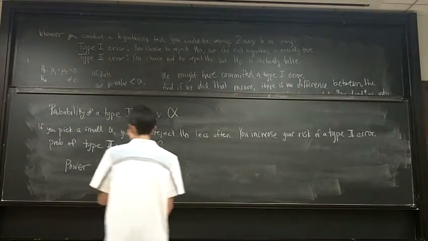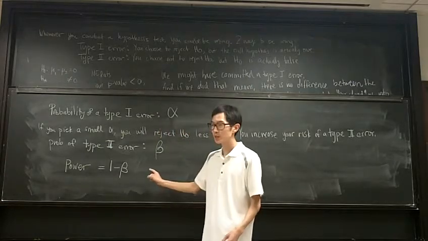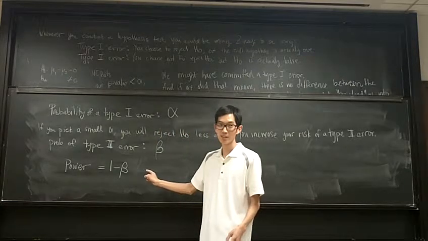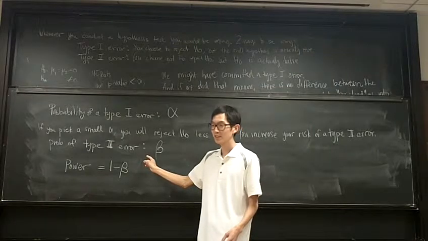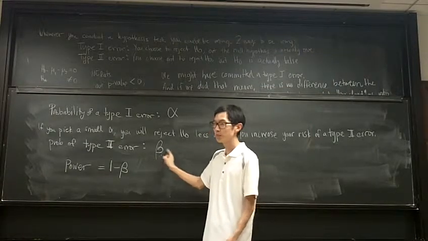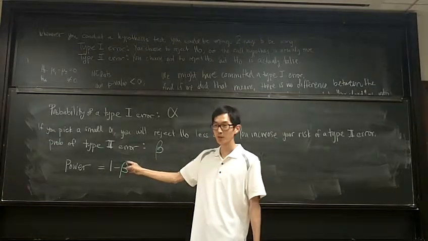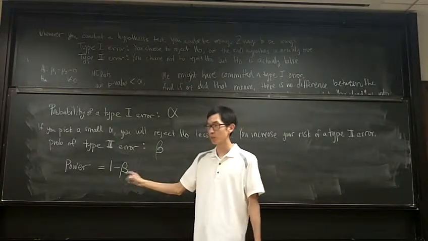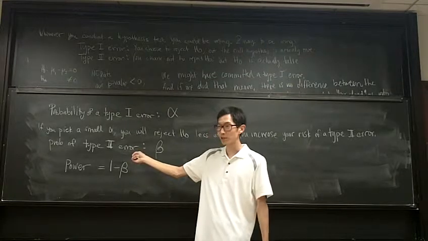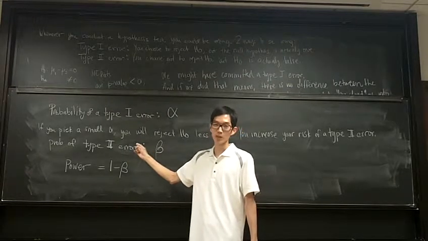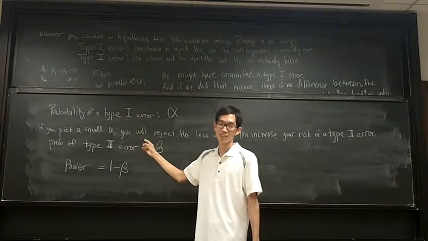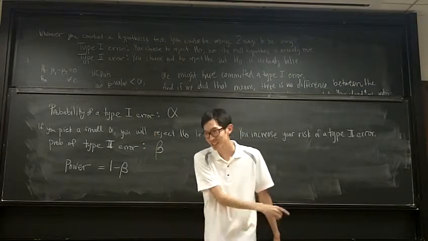So 1 minus beta is the complement of beta. Beta is the probability of what? Committing a type 2 error. So 1 minus beta is the complement of committing a type 2 error, or is the probability of not committing a type 2 error.